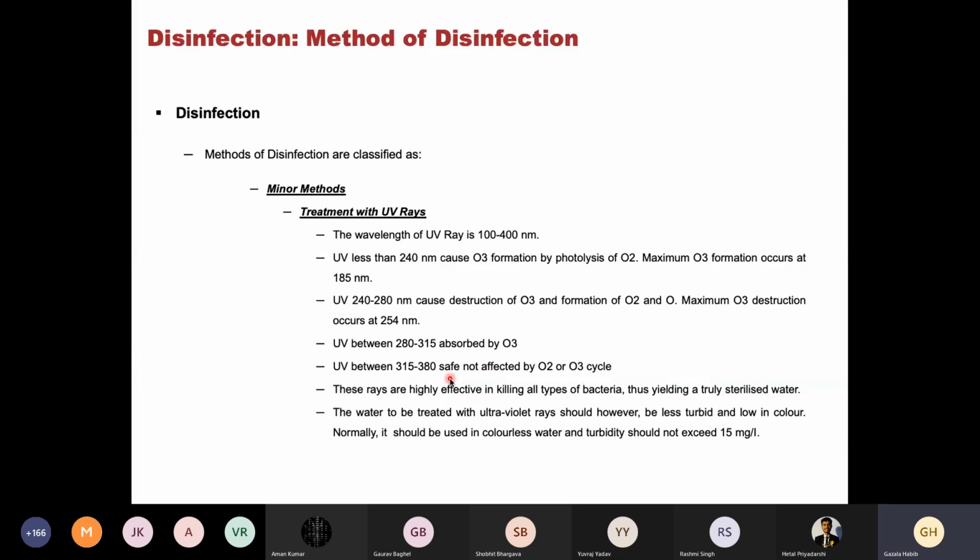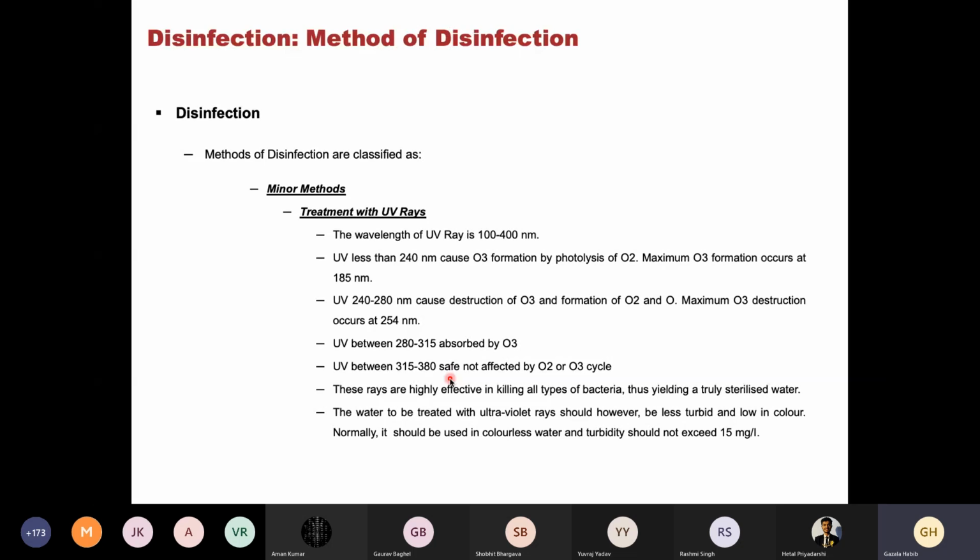Another minor treatment is using UV rays. UV rays of 100 to 400 nanometer wavelength have different sections which are able to perform different tasks. For example, UV radiation less than 240 nanometer causes ozone formation by photolysis of oxygen.